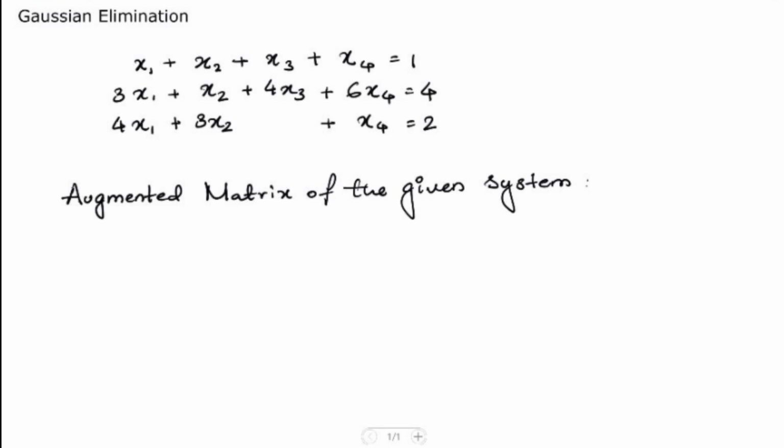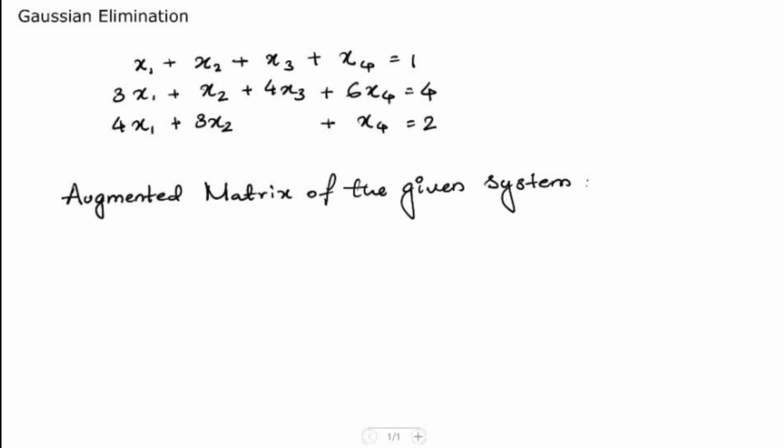Okay, so I've written down the system of linear equations and we will solve the given linear system by representing it with the augmented matrix and bringing the matrix to reduced row echelon form by using elementary row operations. So at first, we'll write down the augmented matrix of the given system.